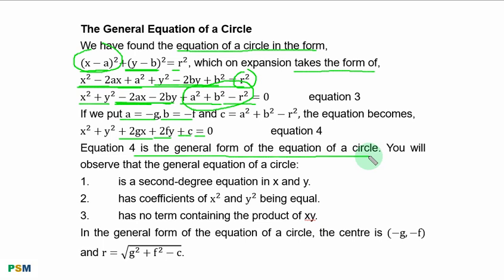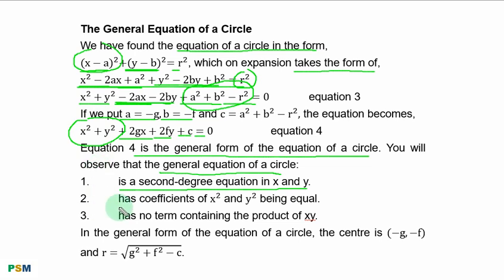You will observe that the general equation of a circle has the following properties. 1, it is a second degree equation in x and y. Second degree because the highest power of x and y, the power is 2.